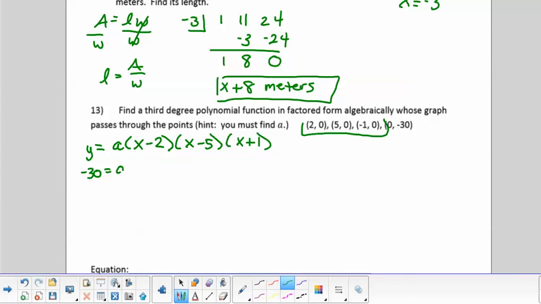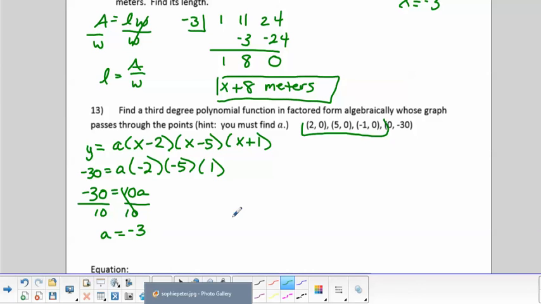So a, 0 minus 2 is negative 2, 0 minus 5 is negative 5, 0 plus 1 is 1. Negative 2 times negative 5 times 1 is 10. So I get negative 30 equals 10a, and divide, and a equals negative 3.